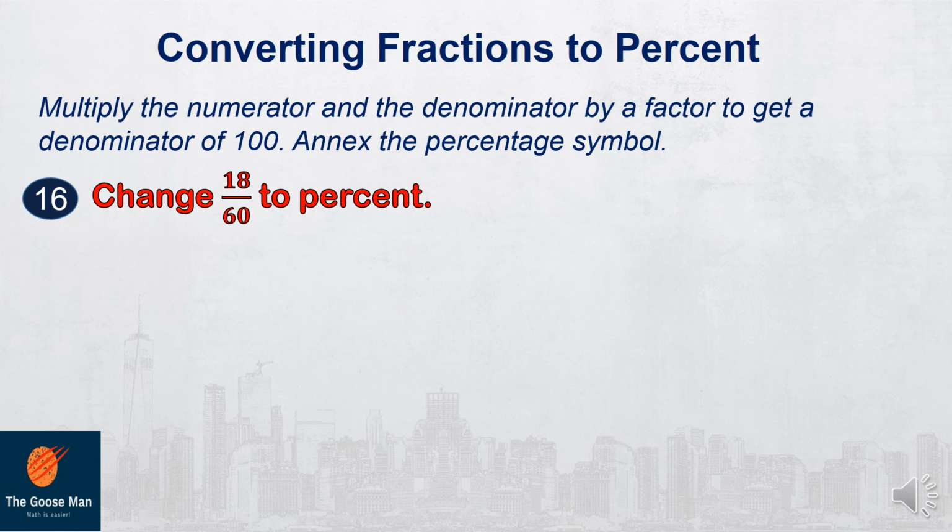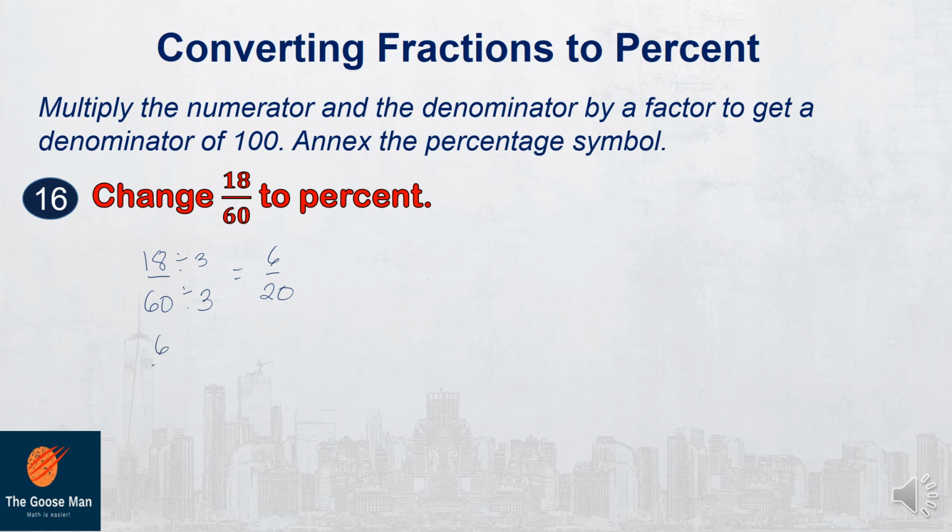So what I'm going to do first is reduce 18 over 60 to lowest term. So both numerator and denominator are divisible by 3. So I have now 6 over 20. And take note, 20 is a factor of 100.